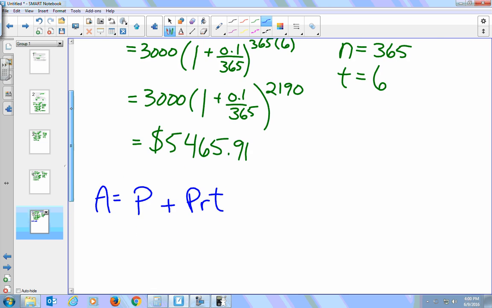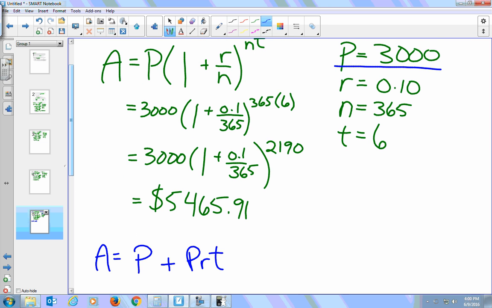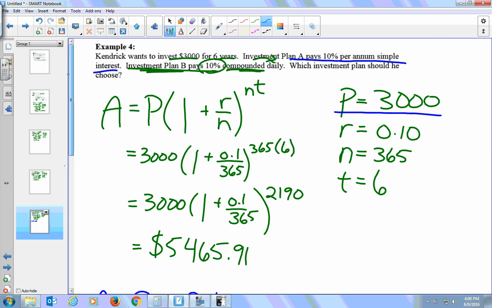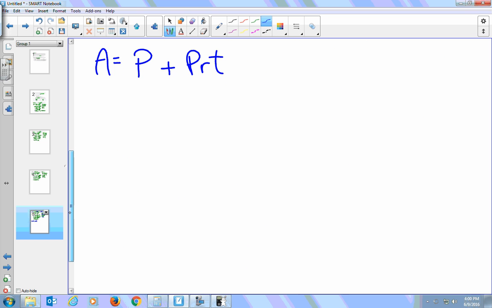So we can use the same amounts. Our principal is still 3,000. The rate was still 10%. And the years were still 6 years. We just don't have to worry about the n because we're not doing compounding.